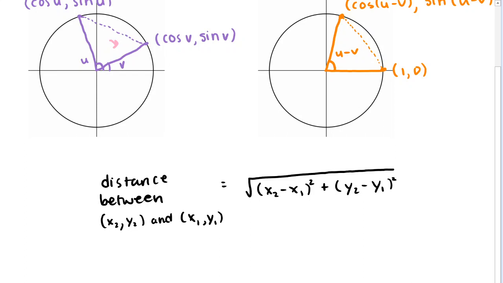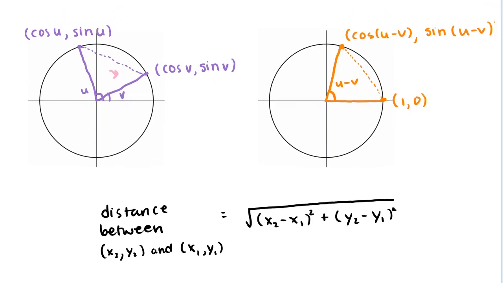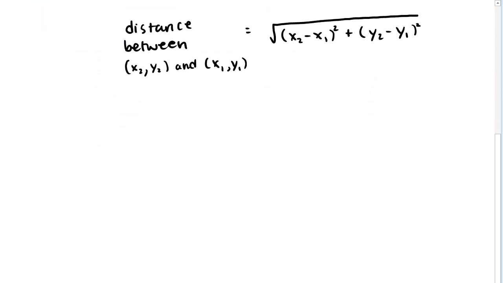Let's go ahead and compute the distances of each of these dashed line segments. First, let's start with this purple one. Here, their points are just cosine of v, sine of v, and cosine of u, sine of u. So let's find the distance of that dashed purple line.